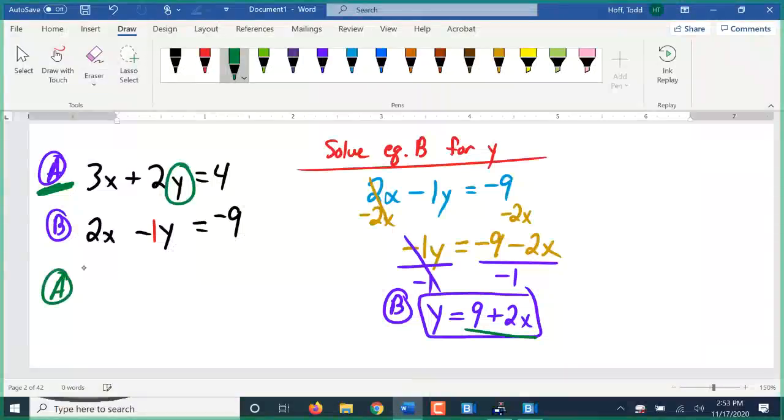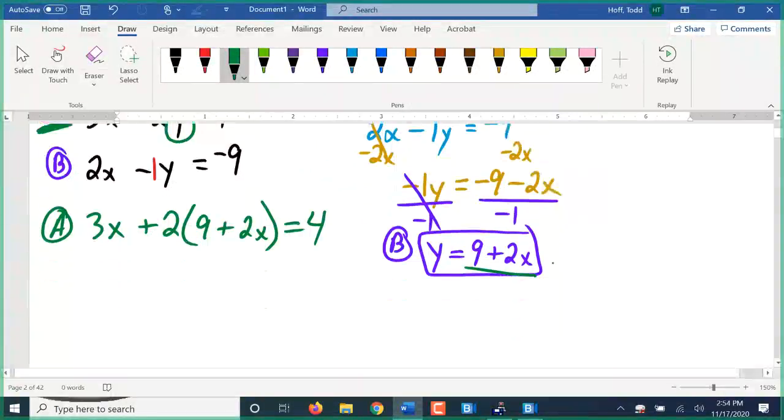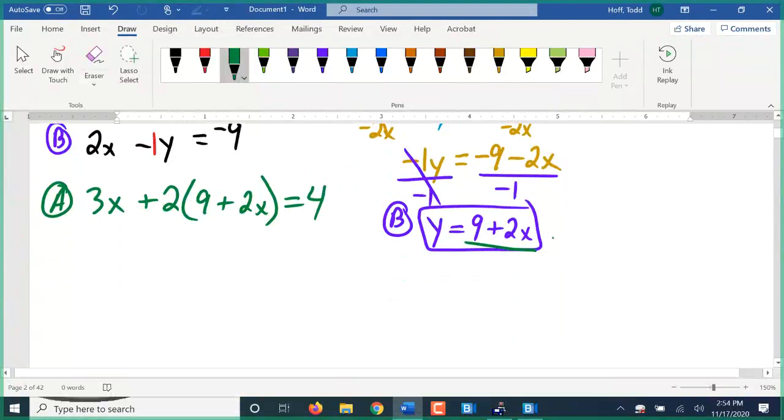So we're going to rewrite equation A here, 3x plus 2, but instead of y, I'm going to put in 9 plus 2x, because y equals 9 plus 2x. Close the parentheses, and that equals 4. So now we have an equation with only one variable, and we need to solve it, in this case, for x.